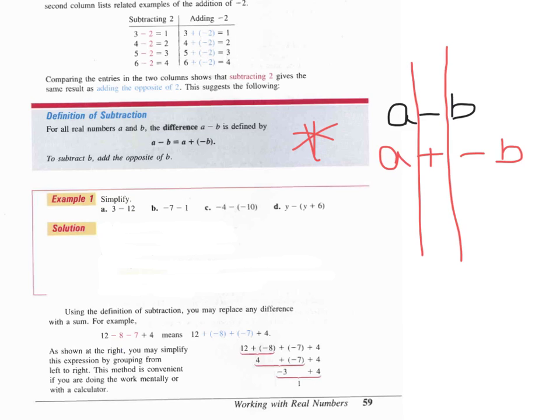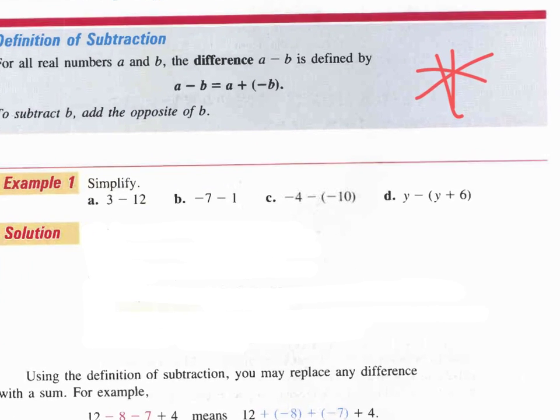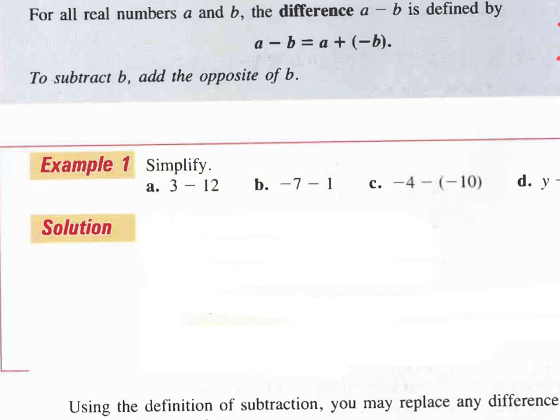So, for example, if I were going to try to do 3 minus 12, I'm going to think of this as 3 plus negative 12. I'm adding the opposite. So notice I could put lines down, change the subtraction to addition, and then change the last number, or the number you're trying to subtract, to its opposite.